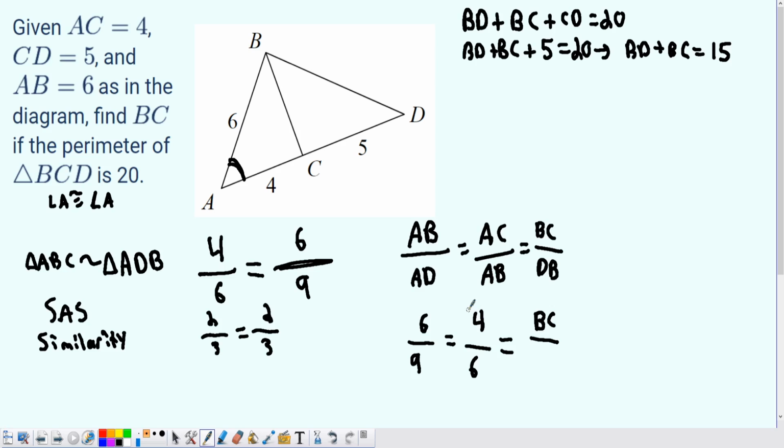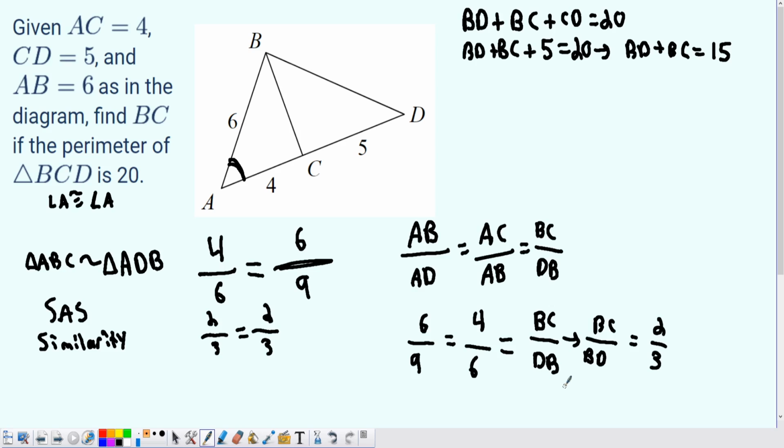That's over, well, I don't know what BD or DB is either. So let's just write it like that. But what I can do now is say that BC over BD, or DB, whatever, is equal to that fraction, which reduces to 2 over 3.